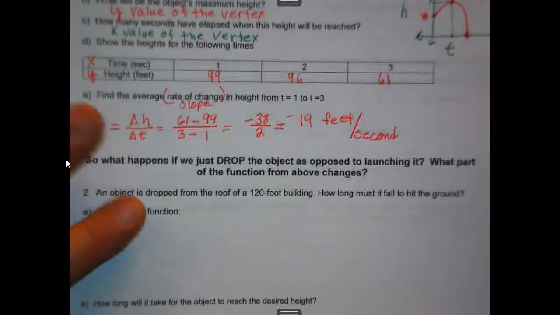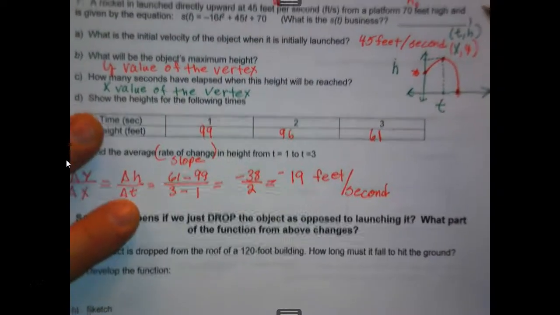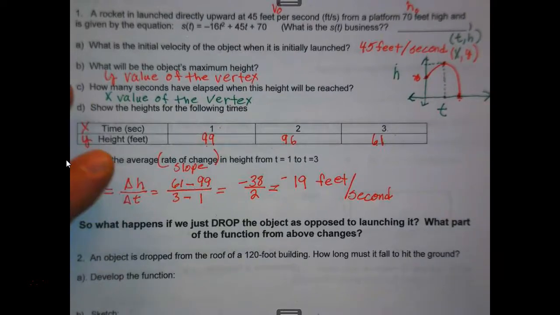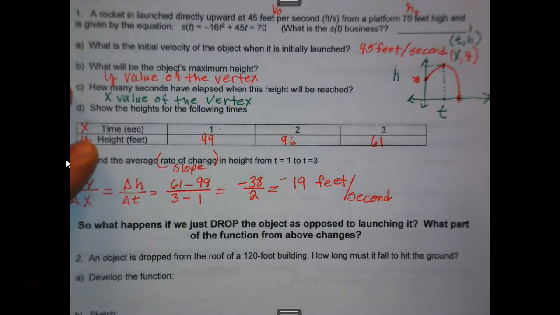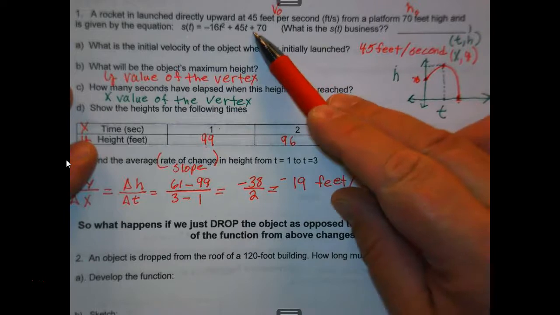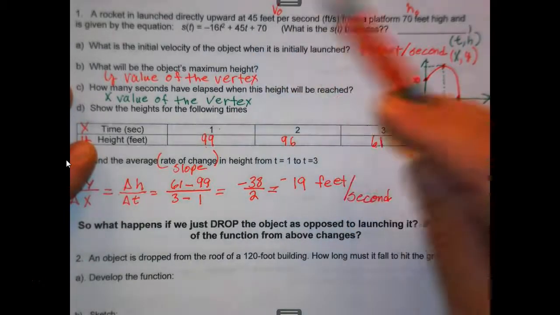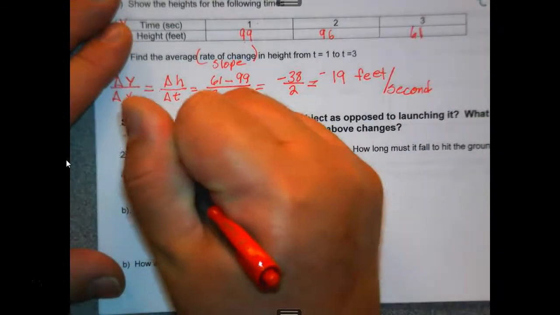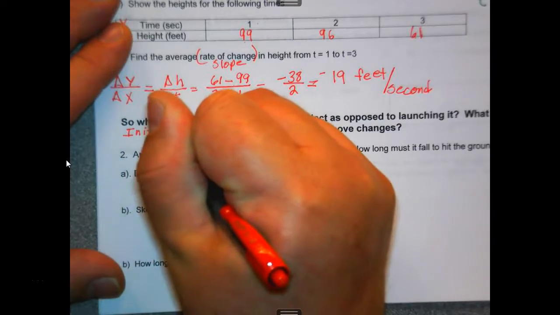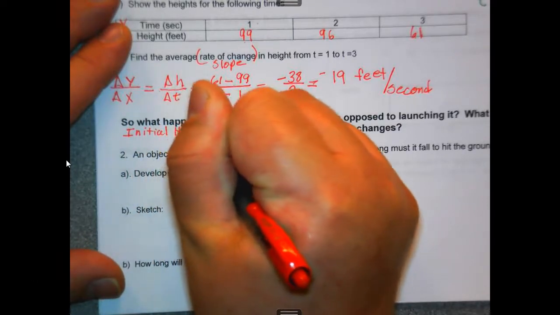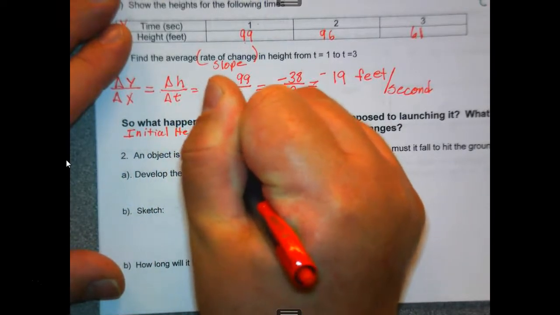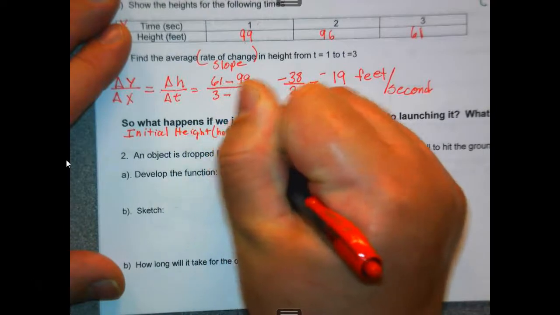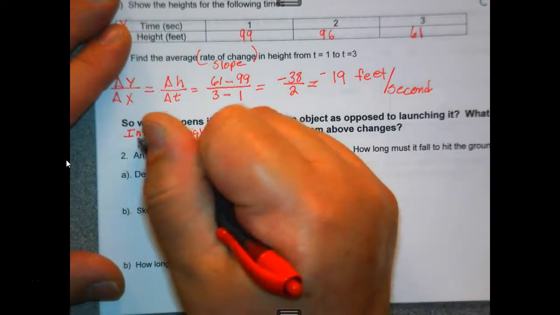In our last problem, where was the launch from? 70 feet. So our initial height, or what we like to call h of 0, is different.